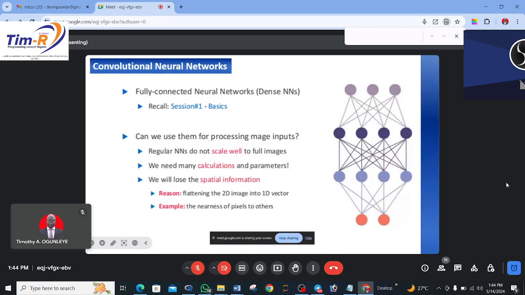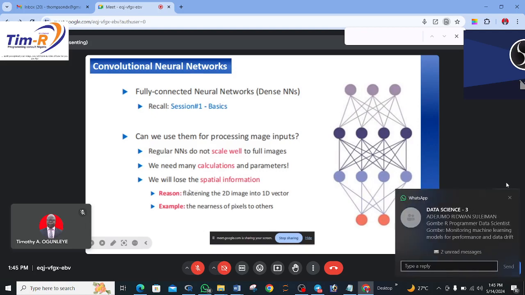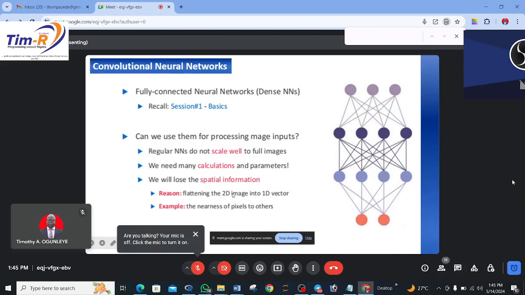An example is the nearness of pixels to each other. I'll share an article that talks about losing spatial information when we flatten. When we flatten an image, we lose a lot of information from it.